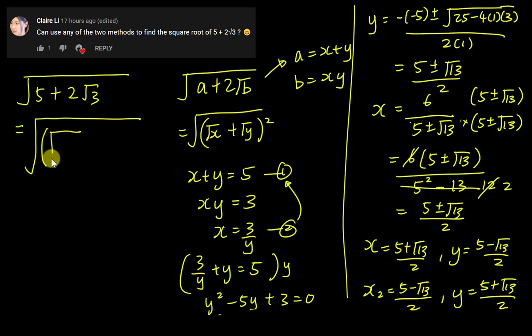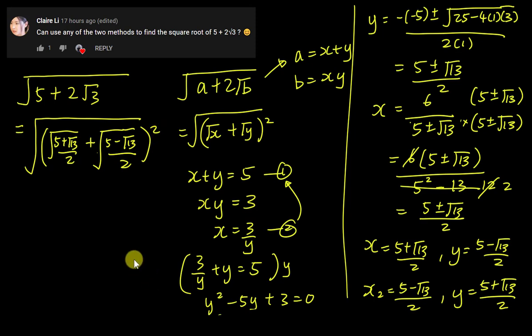So I have the square root of 5 plus square root 13 over 2, and then plus the square root of the y, isn't it? I don't want so many brackets, it looks very confusing. So y will be 5 minus square root 13 over 2 squared.